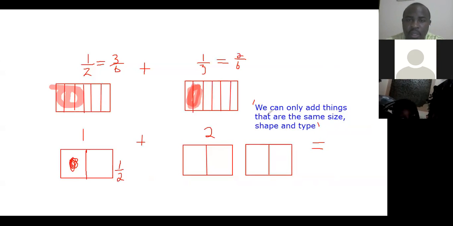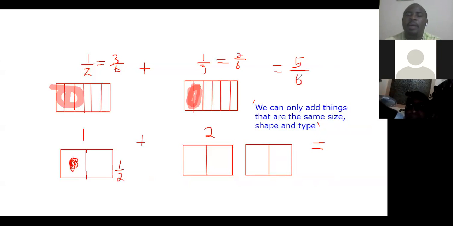When we add these fractions, how many do we get? 5/6, sir. Okay. 5/6.